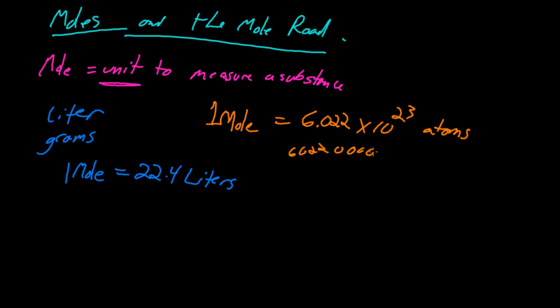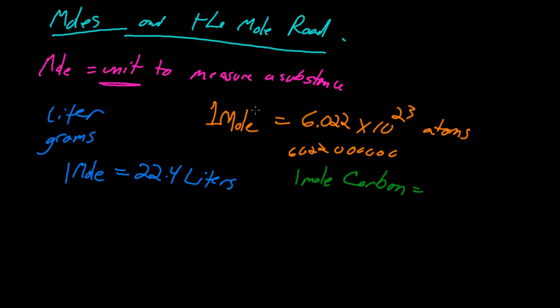So this is a huge number we're talking about, and 1 mole is that many atoms. So when you have 1 mole of carbon, you really have 6.022 times 10 to the 23rd carbon atoms.